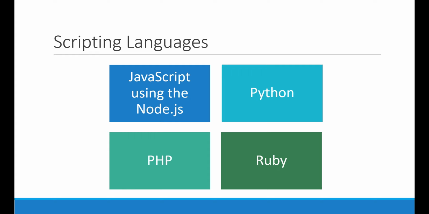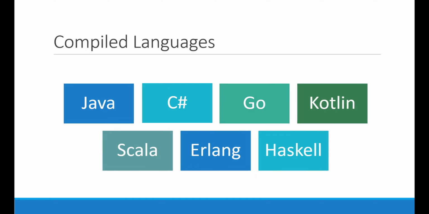And then you also have Jekyll, which is a popular static website generator that's also built on Ruby. Now, code written using a compiled language needs to be first compiled into a binary file before it can be executed.